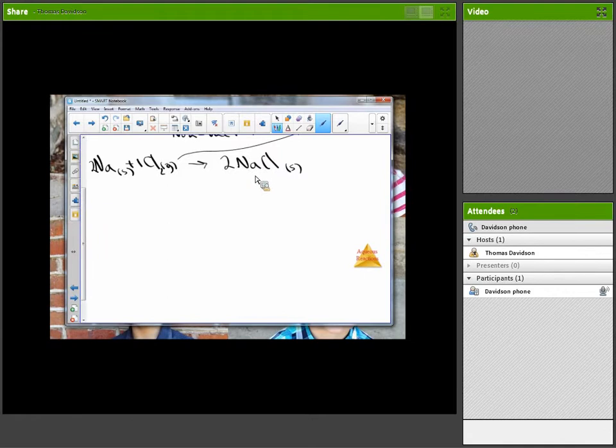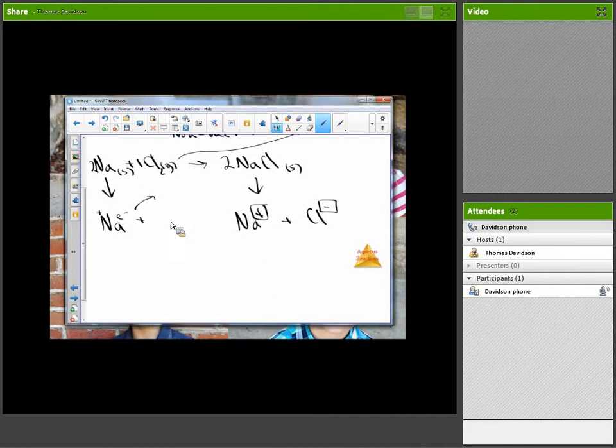Well, in NaCl, we know this is an ionic bond between an Na plus and a Cl minus, don't we? This ion is attracted to this ion. Well, how did this become the Na plus ion? It loses an electron. And once it loses an electron, it becomes Na plus.